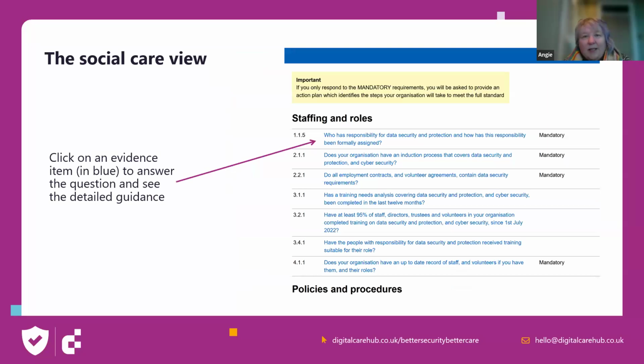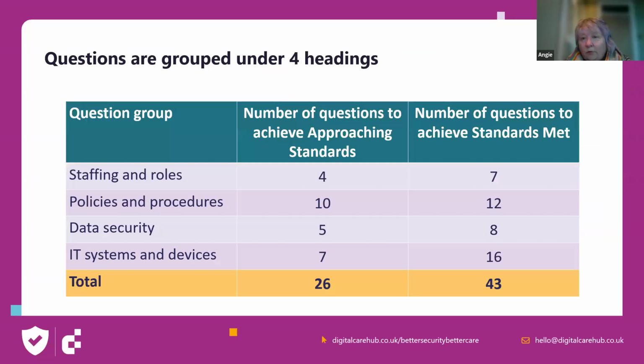Okay, policies and procedures. There's another one. Okay, so we've talked about this. Click on the blue item, and this will give you the evidence, and this is the evidence item to answer the question and see the guidance there. Okay, so here are your 4 headers. You've got staffing and roles, and there's 4 questions to get to approaching standard, or 7 to get to standards met.